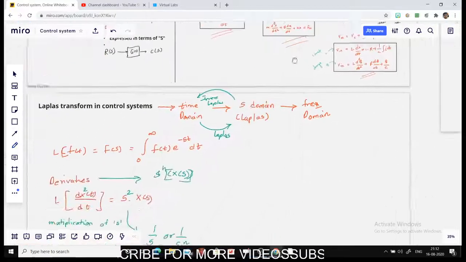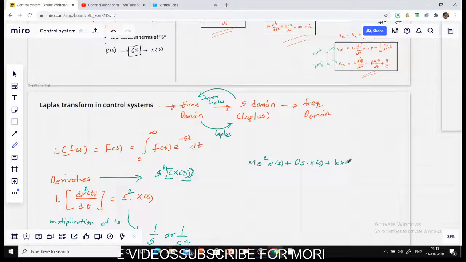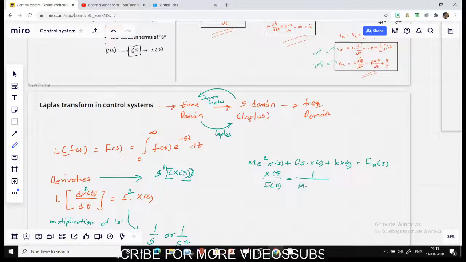The same equation I can directly convert into m s square X of s plus d s into X of s plus k X of s is equal to F in of s, and I can easily manipulate this to get X of s upon F in is equal to 1 upon m s square plus d s plus k.